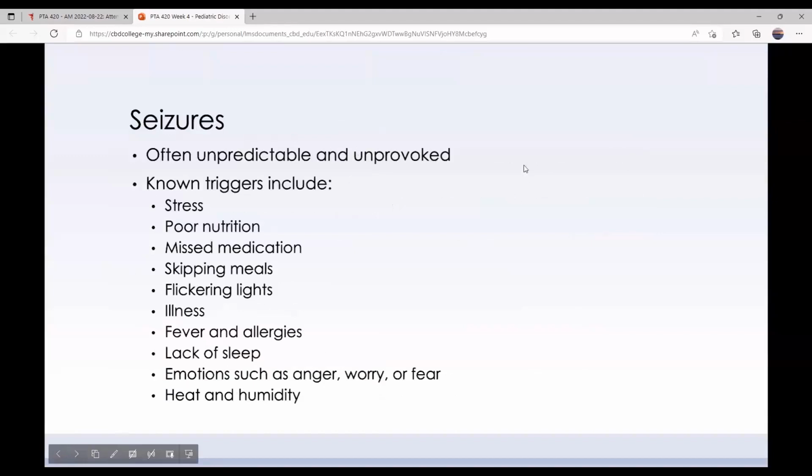Now, for you as a treating therapist, what you want to do is know your patient's triggers. If you see that the patient has epilepsy in their chart, you're going to want to ask that patient or their parents, is there a specific pattern or a trigger? Because if you see that the patient didn't eat breakfast that morning, or that there's a light flickering in the room, you better shut that off if they have a sensitivity to light or flickering.